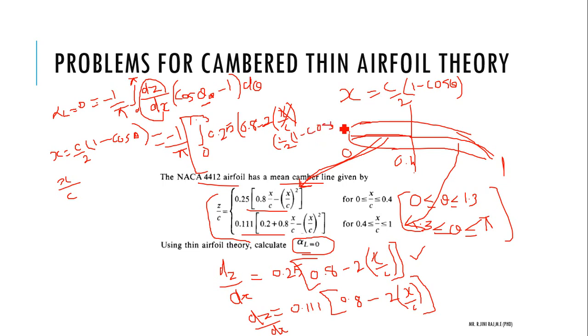We can substitute this term here, cos theta minus 1 into d theta, plus the second equation. For this equation, now you are able to solve the sum.